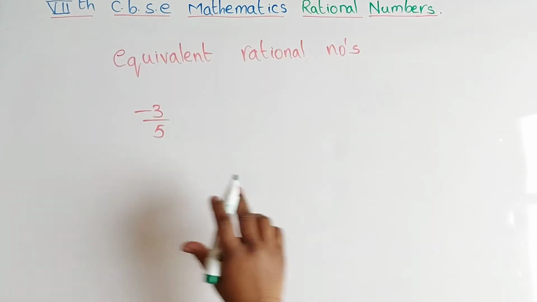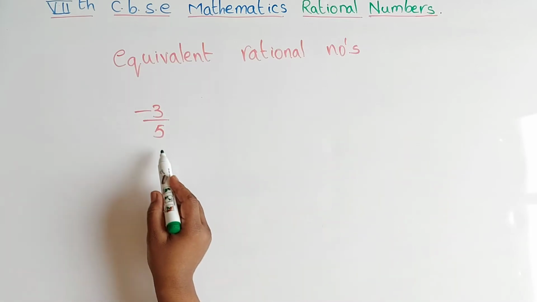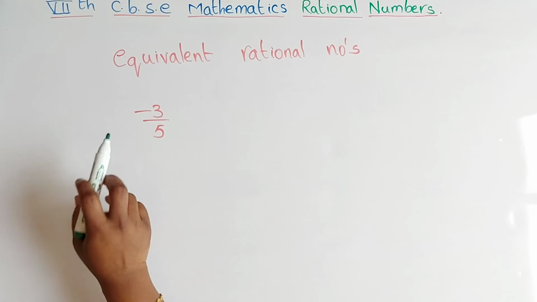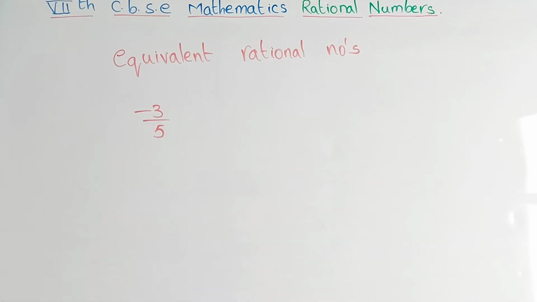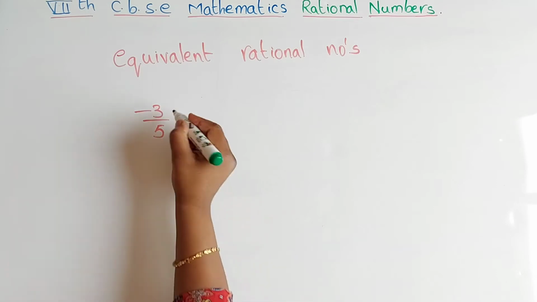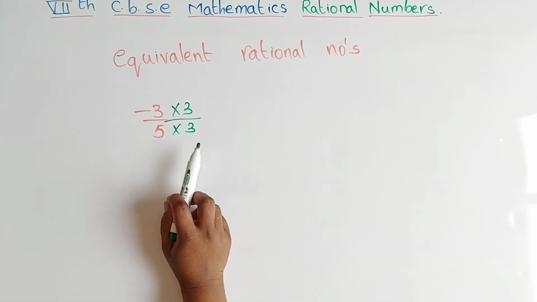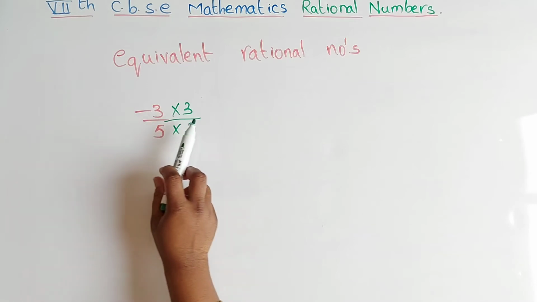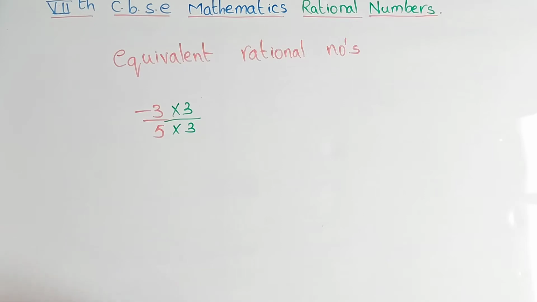Now we'll see what are the equivalent rational numbers, children. See here we have minus 3 by 5, a negative rational number. We want equivalent rational numbers for this number. Right children? So here I am multiplying with 3 here and 3 here. If you are multiplying the numerator with any number, you have to multiply with the same number in the denominator also, children.